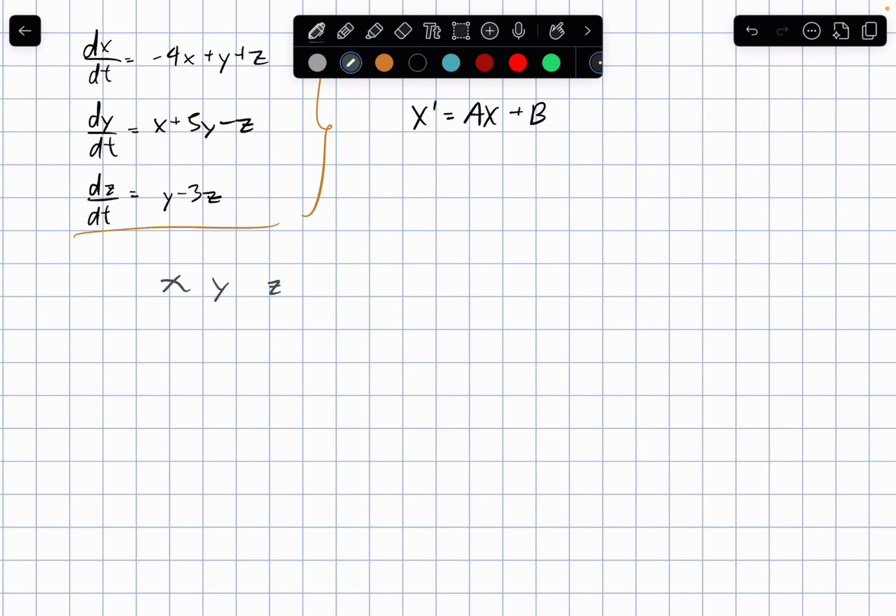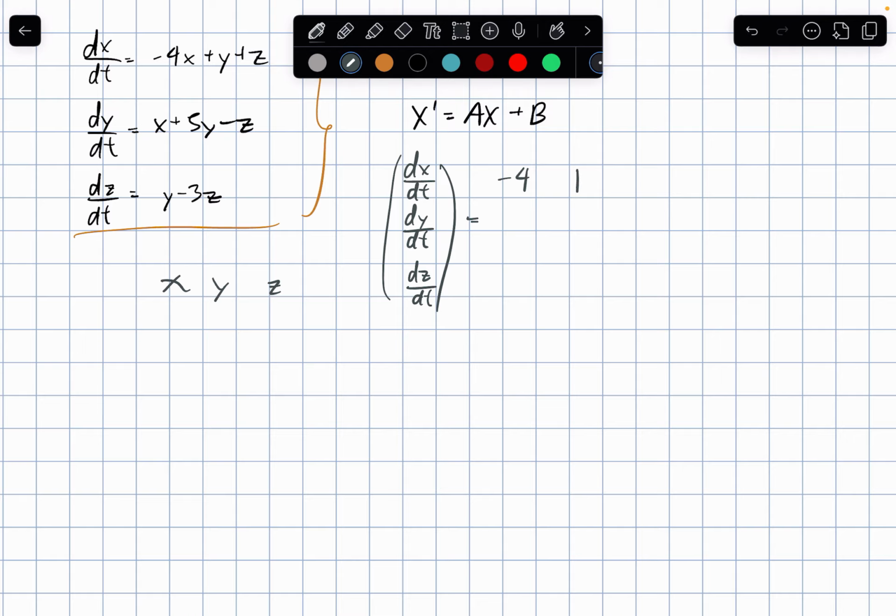X prime, we rewrite this as dx over dt, dy over dt, and dz over dt. By the way, it's important that you are knowledgeable about matrices before proceeding to this lesson. It's very crucial.